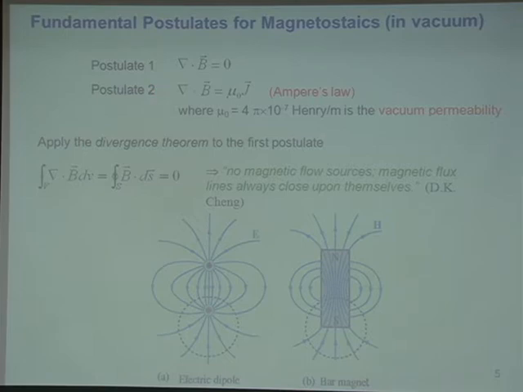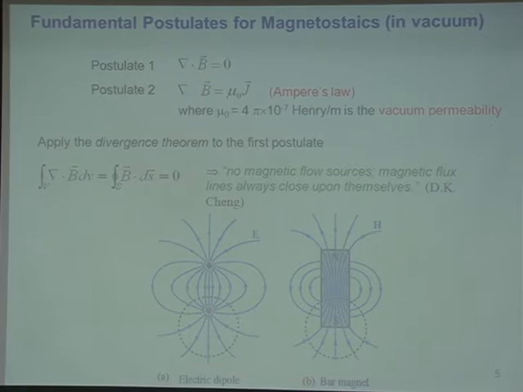The second postulate give you curl of B is equal to a proportional factor multiplying with the current density. Now, when you look at this, the curl operator, immediately now you should start to think about Stokes theorem, right? To convert a surface integration into a line integration.